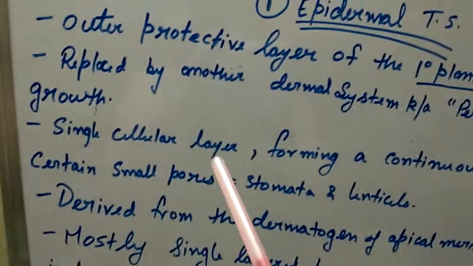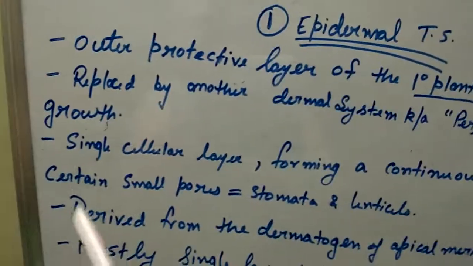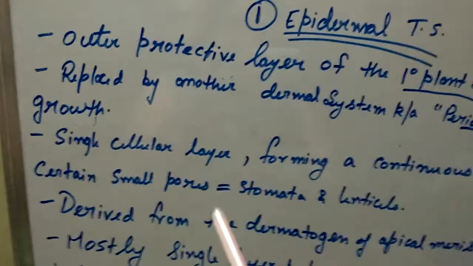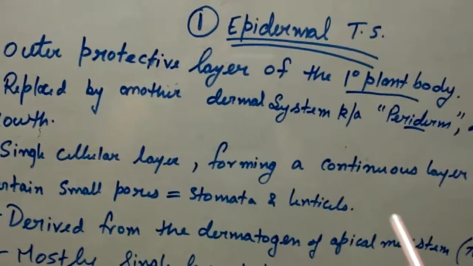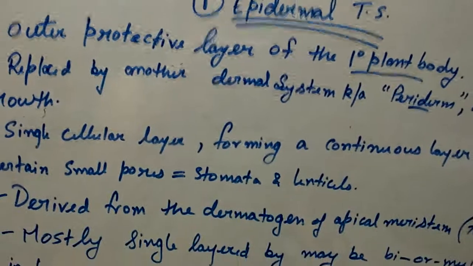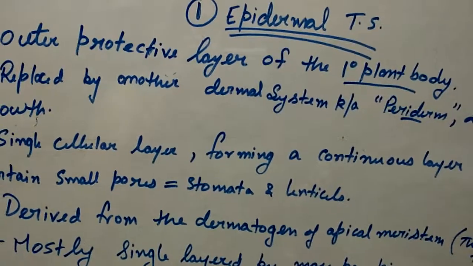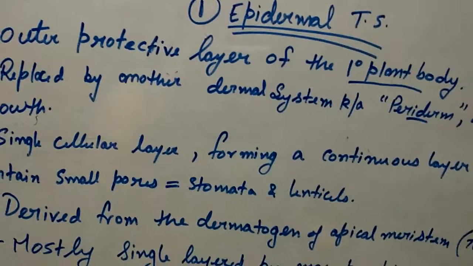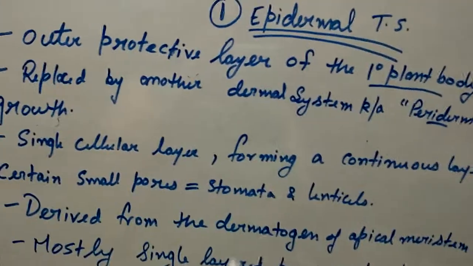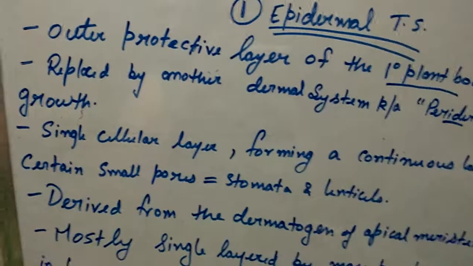Epidermis is a single cellular layer forming a continuous layer but leaving certain small pores for stomata and lenticels. Lenticels are breathing pores found on barks or old plant parts, commonly barks on the stem, showing secondary growth.